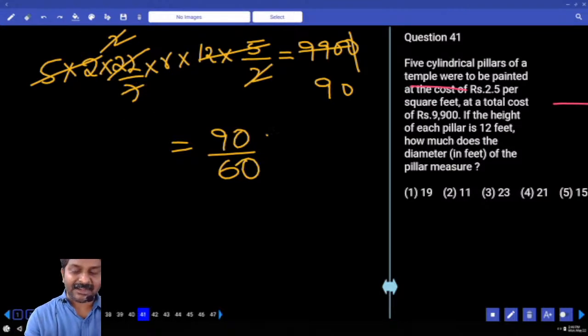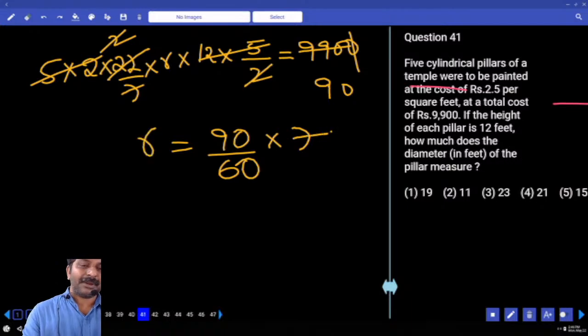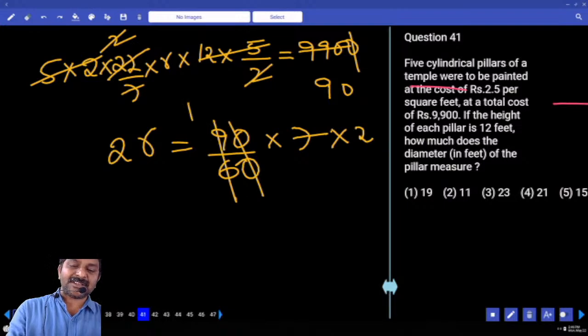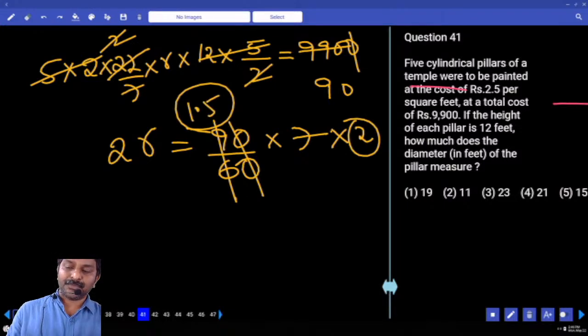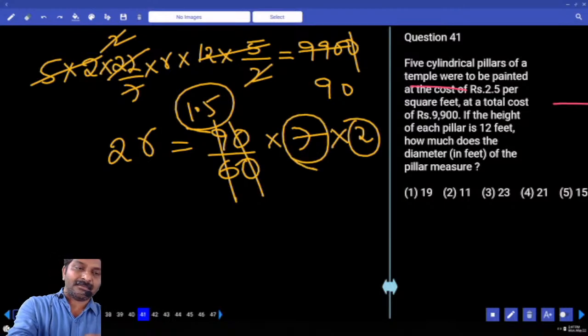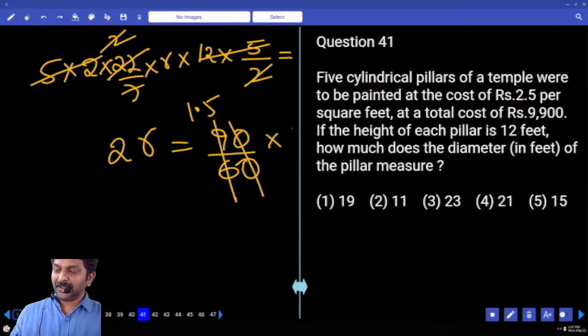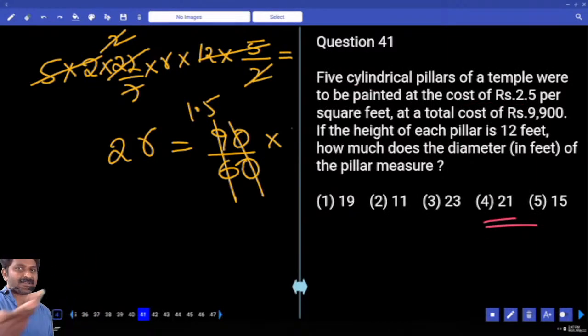Denominator 7 goes to the right hand side, becomes into 7 only, which is the radius. But the question is about diameter, which is into 2. 00 can be cancelled. How much is this? 1.5. 1.5 into 2, 3 into 7. Otherwise straightforward. Radius must be a 7 multiple. Diameter also a 7 multiple. There is only one. Fourth final. Done.